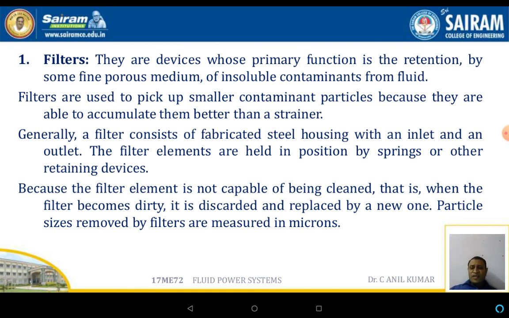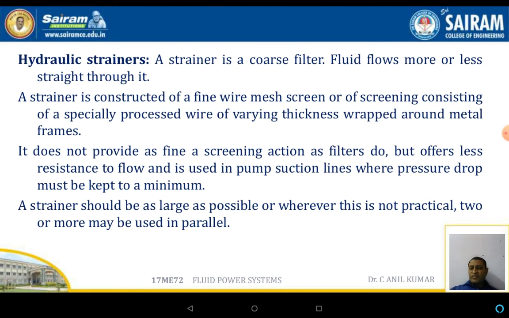The filter elements are held in position by a spring or other retaining devices. The filter element is not capable of being cleaned. That is, when the filter becomes dirty, it has to be discarded and replaced by a new one. The particle size removal by the filter is measured in microns.